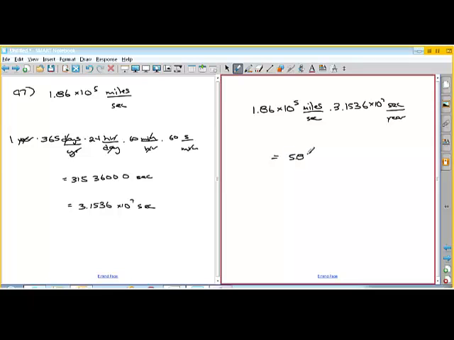That's 5.8. We'll just round to three numbers, 5.87 times 10 to the 5th times 10 to the 7th. You add the exponents, you get 10 to the 12th. So it's 5.87 times 10 to the 12 miles per year. And that should be the answer. Miles in a light year: 5.87 times 10 to the 12th.